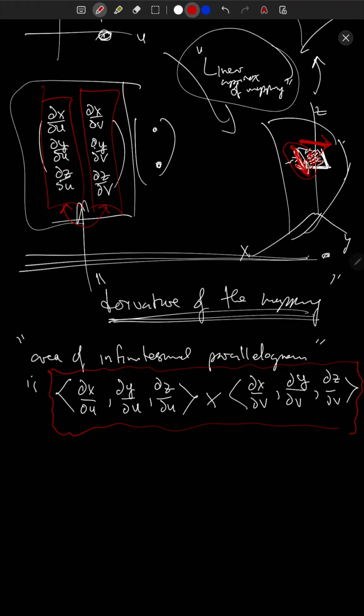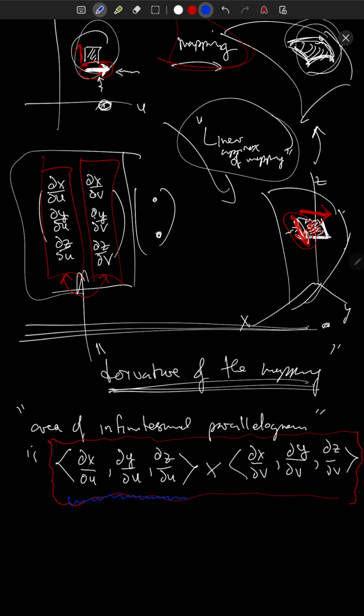Okay. Now this is unpleasant to write, all these dx du and dy du and stuff. So we can simplify this notationally, right? This guy here, what is this?